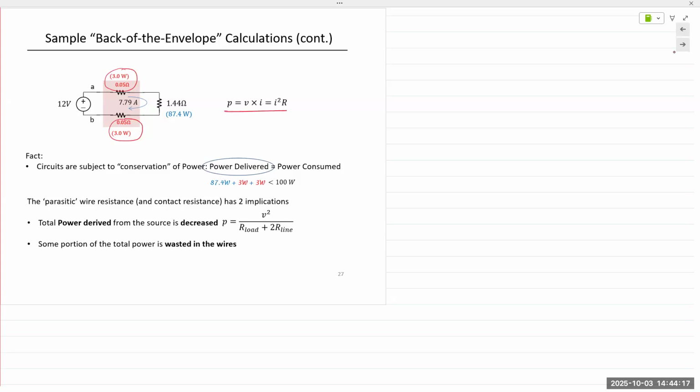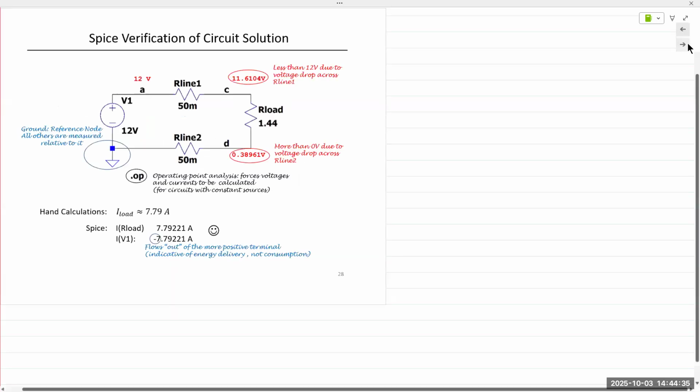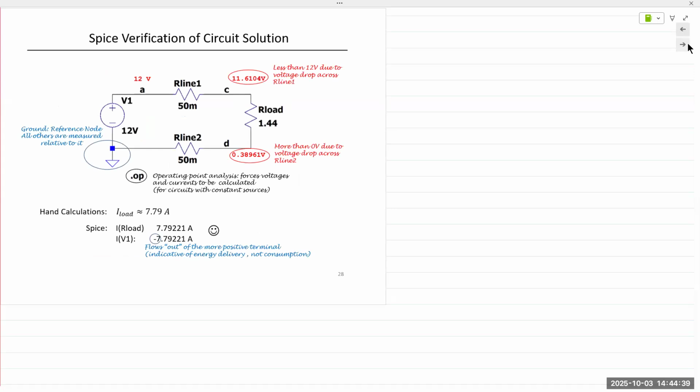We already talked about and discussed this. Some portion of the total power is definitely wasted in the wires.